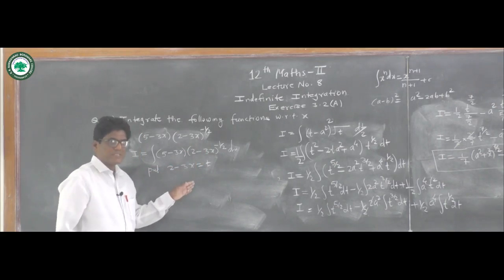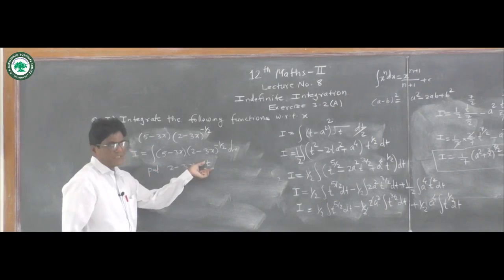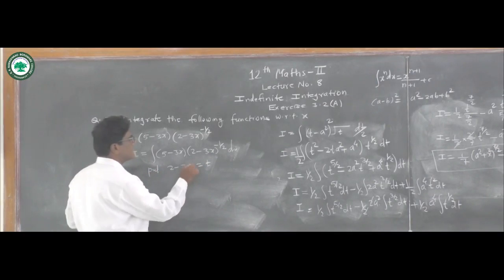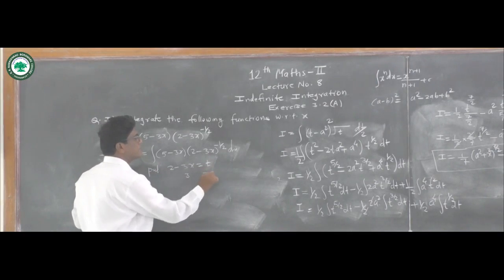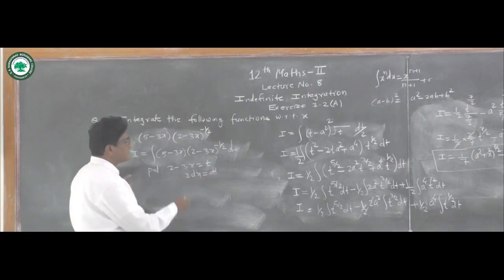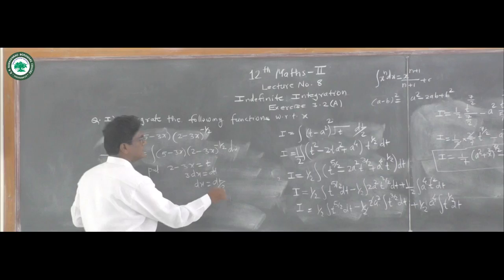Now differentiate with respect to x, means take here d by dx and d by dx of right hand side, d by dx of 2 is 0, minus 3 as it is, derivative of x is 1, right hand side is derivative of t is dt upon dx, carry that dx to left side, so 3 dx is equal to dt. Now carry this 3, so dx is equal to dt upon 3.